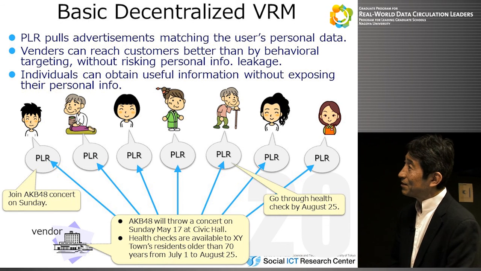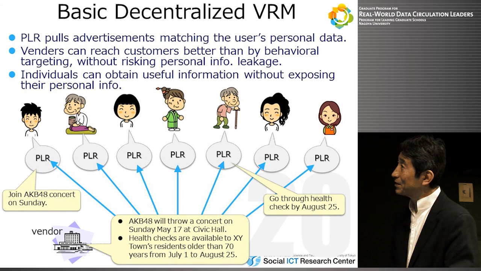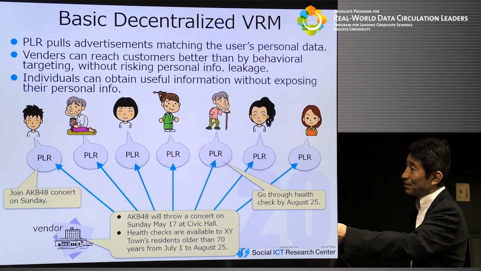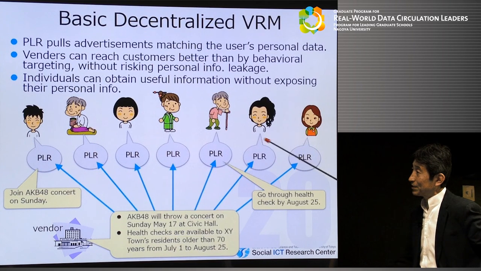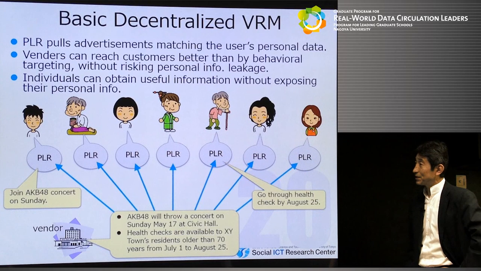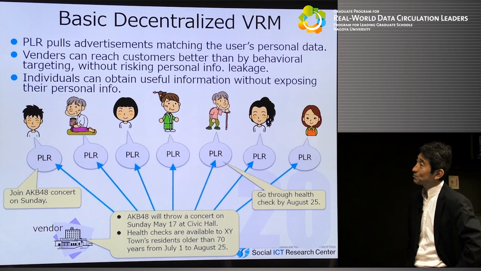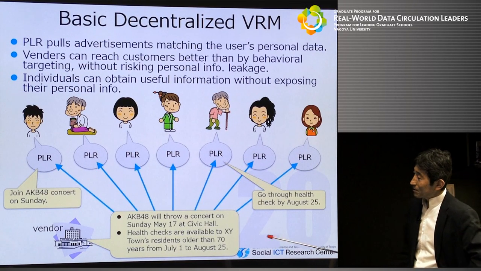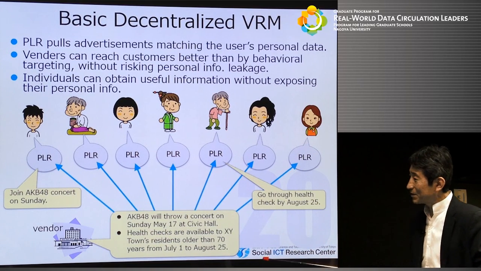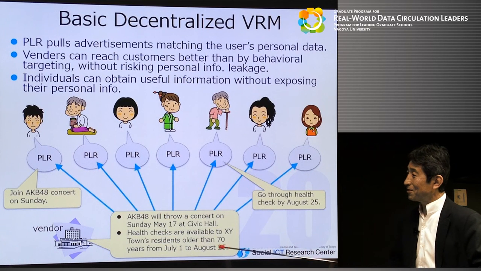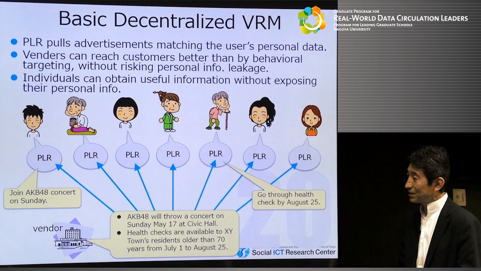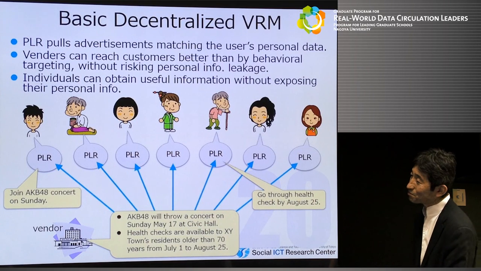And this is a very simple, typical decentralized case of VRM. Using PLR or decentralized PDS, each customer, each consumer stores and manages his or her own data. And each vendor discloses advertisements and/or information related to their products and services like these.